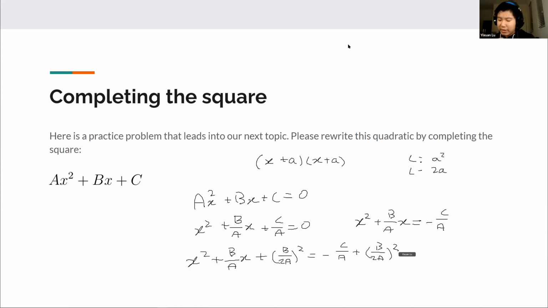Now, if we expand this out and factor, we get x plus b over 2a squared plus c over a minus b squared over 4a squared. Now that was very algebraically intensive, so I'll give you a few moments to write that down.